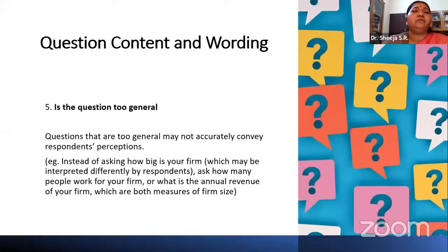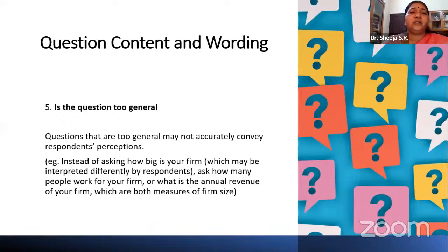Then you have to check whether the question is too general. Questions that are too general may not accurately convey the respondent's perception. For example, if you are asking, how big is your firm? That's a very general question. Your question should be specific.